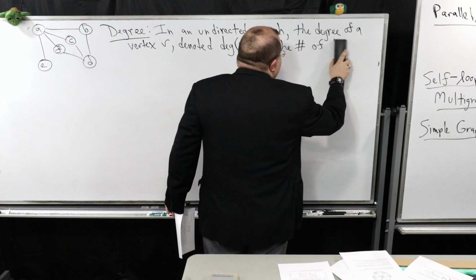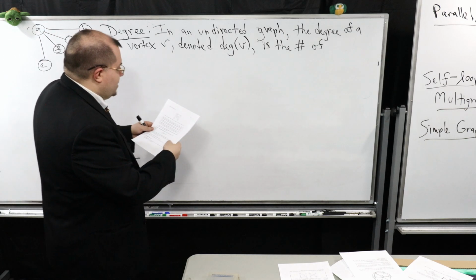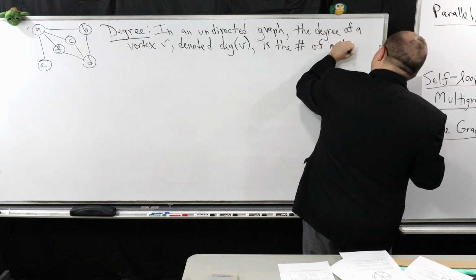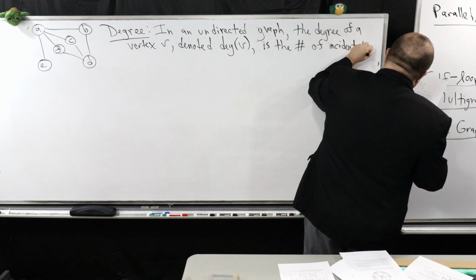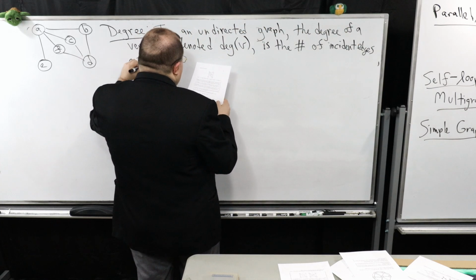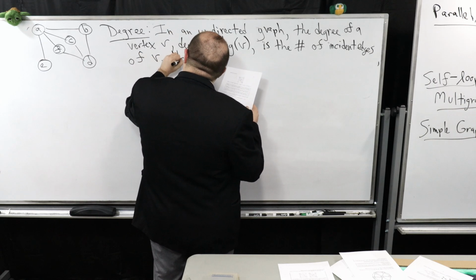It's not the number of edges, it's the number of incident edges of V.